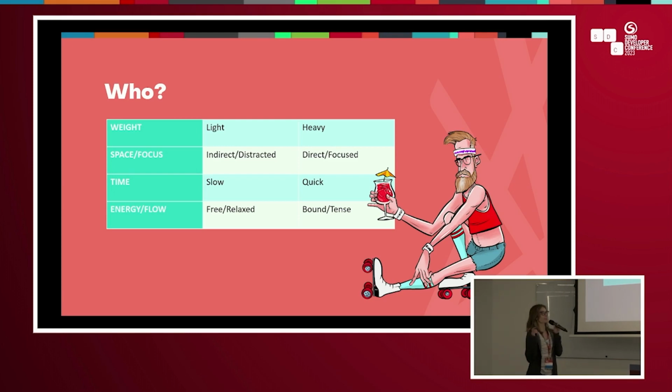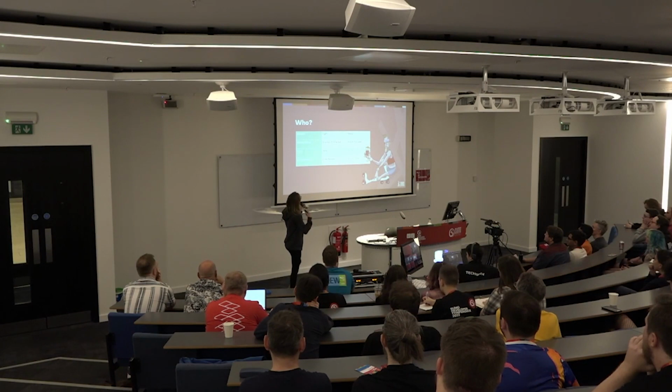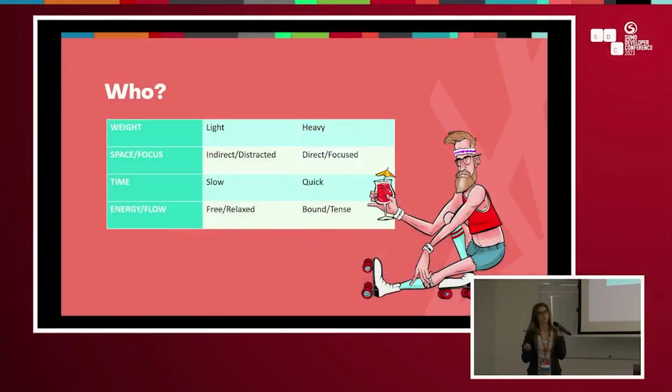I need a little bit of audience participation here if you guys just want to yell at me. Do we think that Skater Joe would move in a light or heavy way? Light? Okay, great. So there's space and focus, which is not very self-explanatory. Indirect or direct is a bit easier to understand. It's basically, are you going to move from point A to point B in a linear fashion, or are you going to sort of go all over the place before you get from point A to point B?